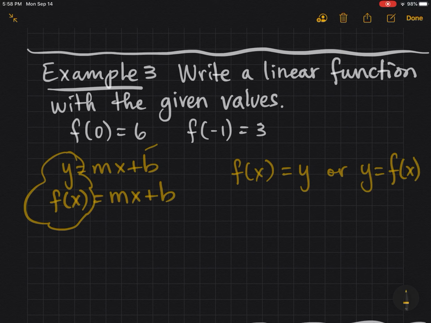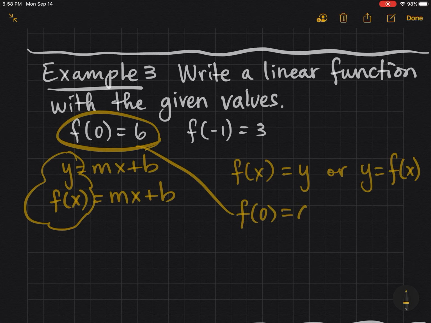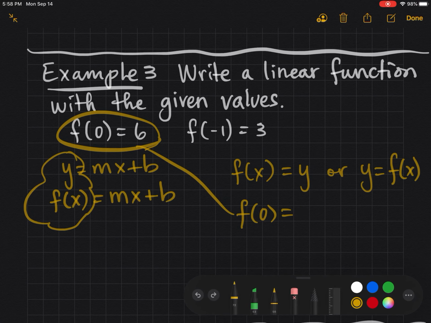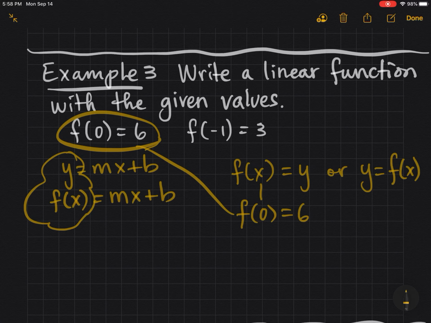So when we look at these statements, f of 0 equals 6, then I can see x is simply 0 and y is 6. So this just gives us two ordered pairs, and we can proceed just like before.